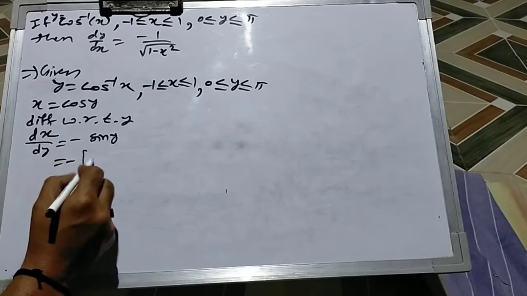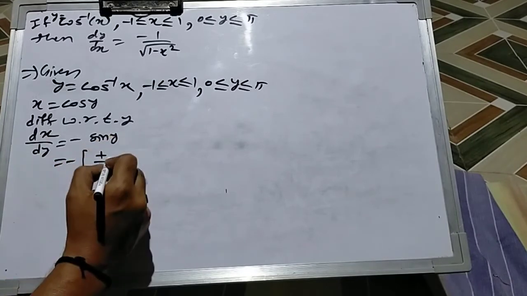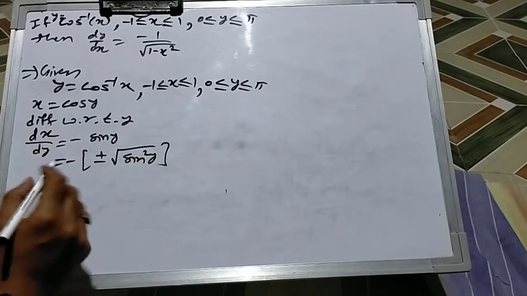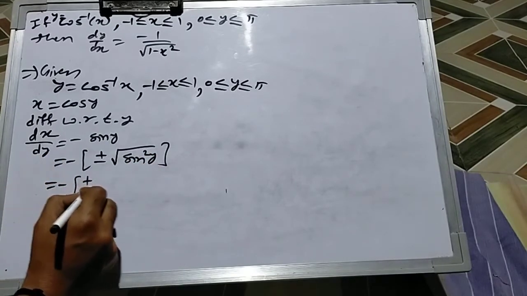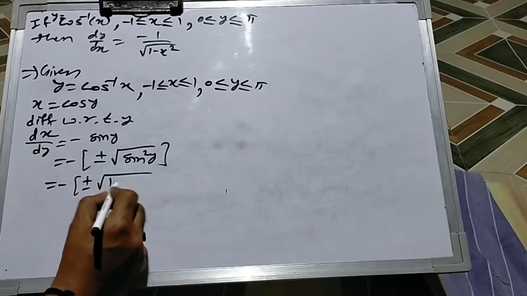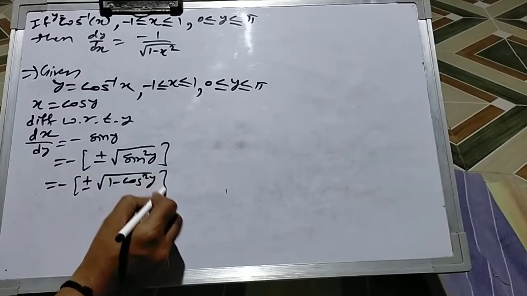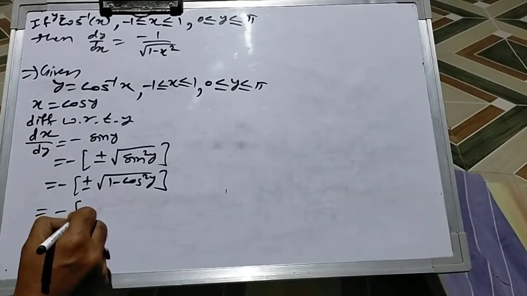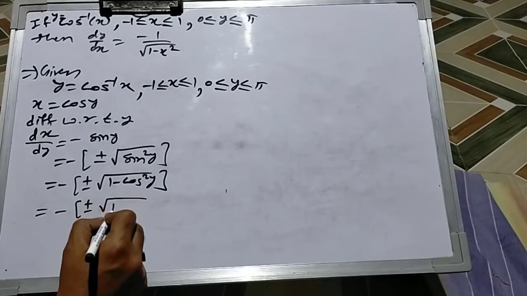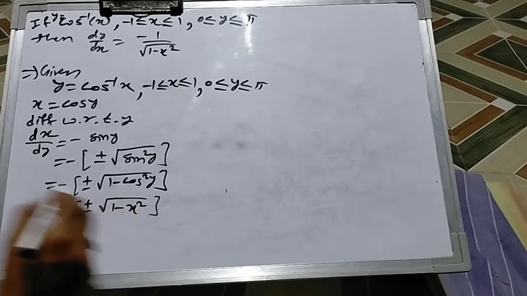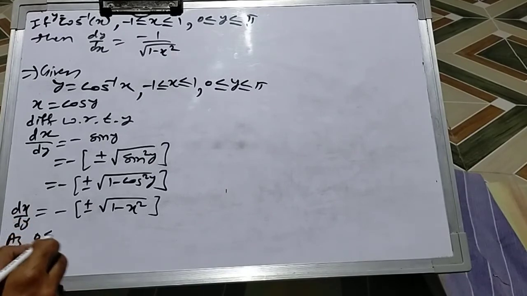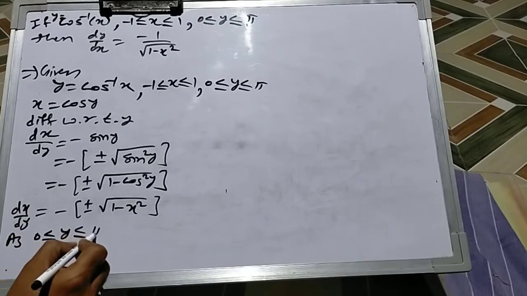Now again this minus sin of y can be written as plus or minus root of sin square y. So again this can be written as plus or minus root of 1 minus cos square y. Now here cos of y means x. So this term can be written as minus of plus or minus root of 1 minus x square. So this is dx by dy, whereas 0 is less than or equal to y is less than or equal to pi.